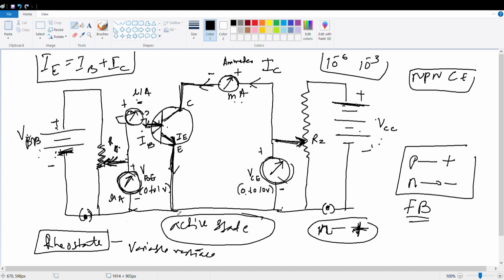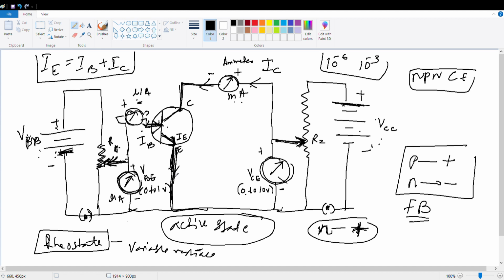That means IE is the main current. That's why I told you the emitter area is more, because more and more current is flowing. I hope this is clear.